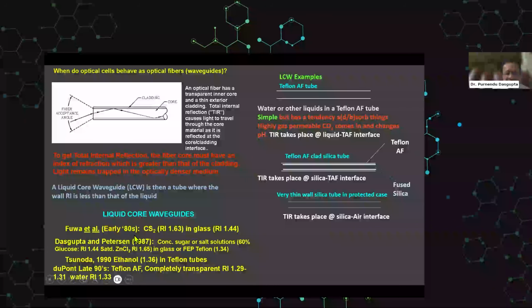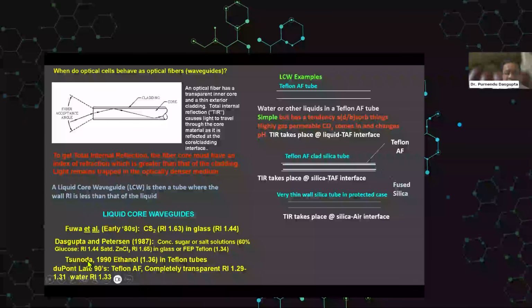In Japan, Fuwa did this in the early 80s, putting carbon disulfide in glass tubes. Carbon disulfide has a higher refractive index than glass and behaves as a perfect optical fiber. We tried doing it with concentrated sugar or salt solution, as well as things like zinc chloride, in glass or FEP Teflon. Sugar works wonderfully, but ants find out you have sugar, believe me.